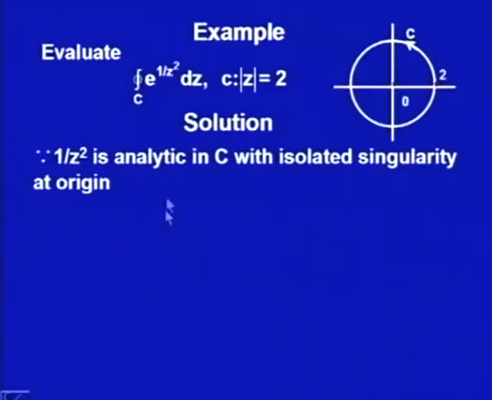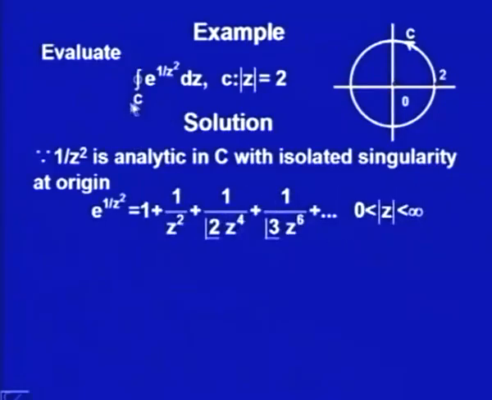So again I would use my result of the residue B1, and for that we first have to write the Laurent series expansion for e to the power 1 by z square, so that we could find the residue at z equal to 0. If I write e to the power 1 by z square, it would be 1 plus 1 upon z square plus 1 upon factorial 2 z to the power 4 and so on, and this expansion is valid for all z between 0 and infinity.